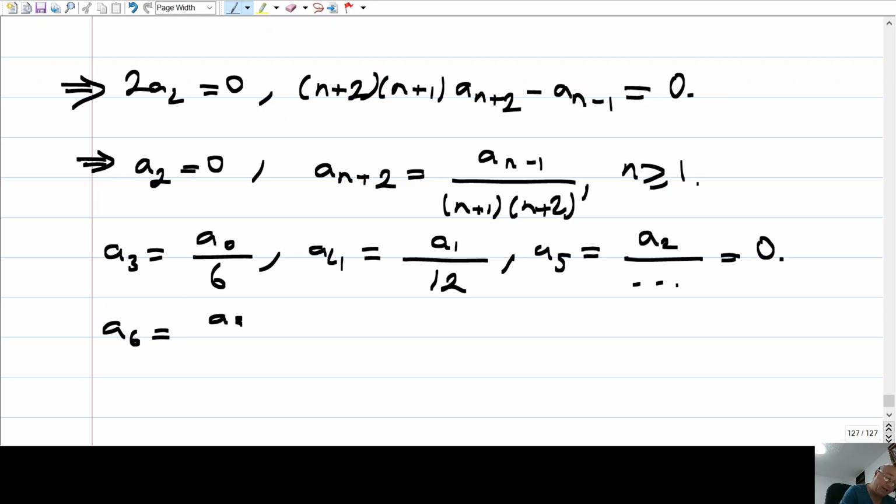This is just a3 over 5 times 6. But a3 is already a0 over 6, so it is a0 divided by 5 times 6 times 6.